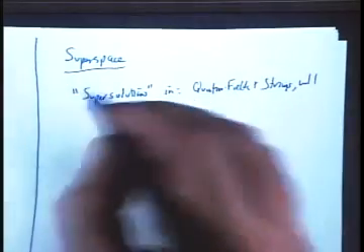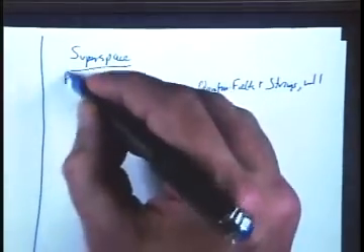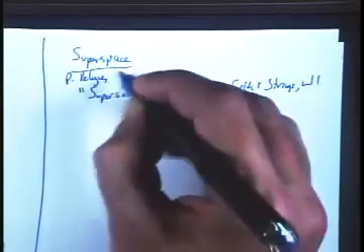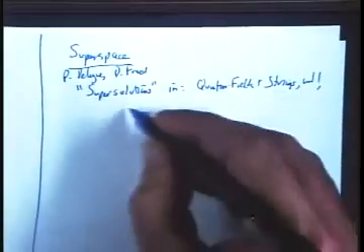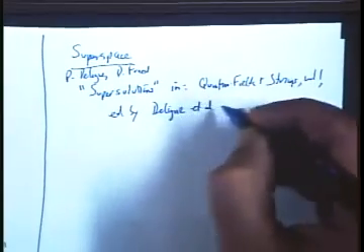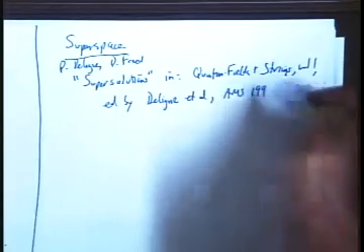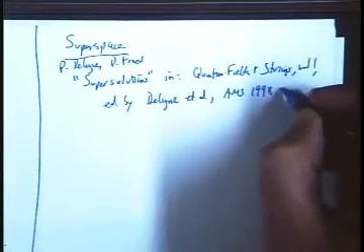Supersolutions is by Deligne and Freed, so P. Deligne and Dan Freed, and the book is edited by Deligne et al. There are 7 or 8 of us, I can't even remember anymore, and it's AMS, 1998 maybe, something like that.